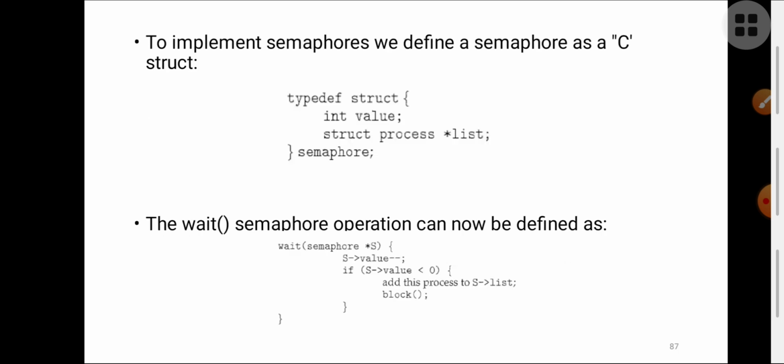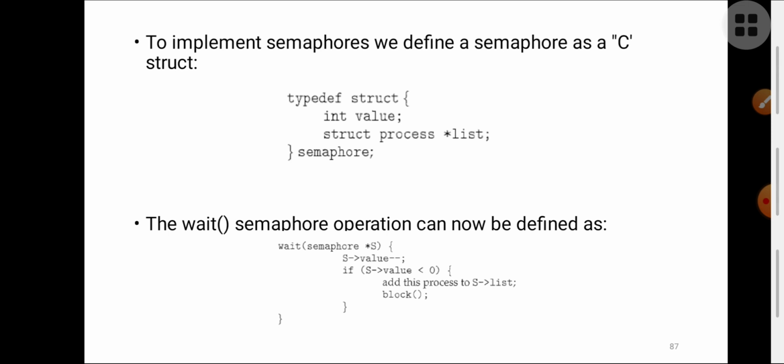To implement semaphores, we define the semaphore as a structure in the C language: typedef struct { int value; struct process *list; } semaphore.